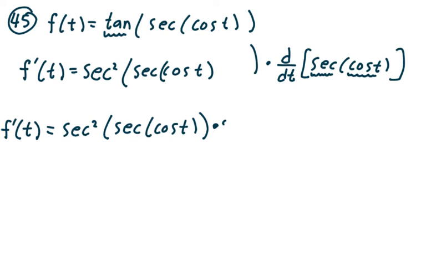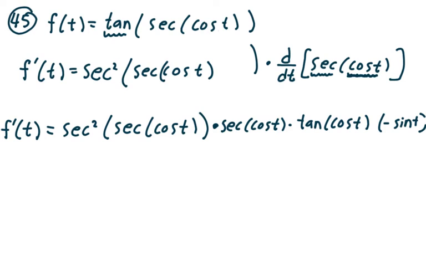So I'm going to get secant of cosine t times tangent of cosine t. But remember, you have to take the derivative of the inside function, which in this case is the derivative of cosine t, which is negative sine t. So I'm going to take this result and multiply by negative sine t.